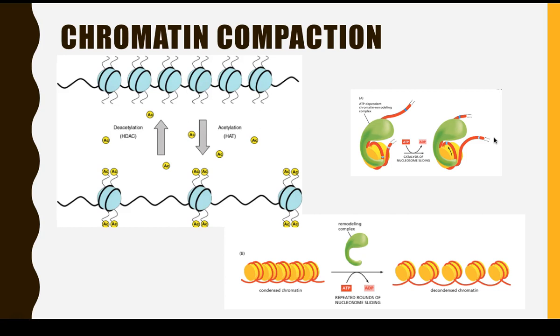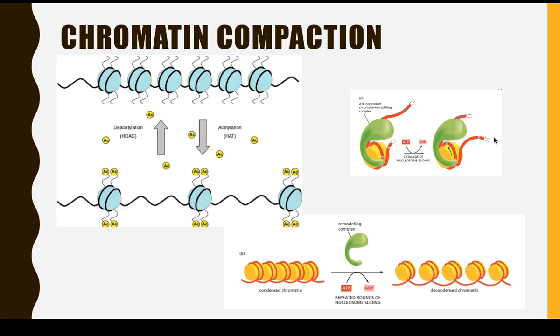The histones have amino terminal ends or tails, and these tails are rich in lysine, which I stated earlier, giving them a positive charge. When the HAT comes in, it acetylates the histones, giving them a neutral charge. Now that the histone tail is neutral, the DNA is loosened.